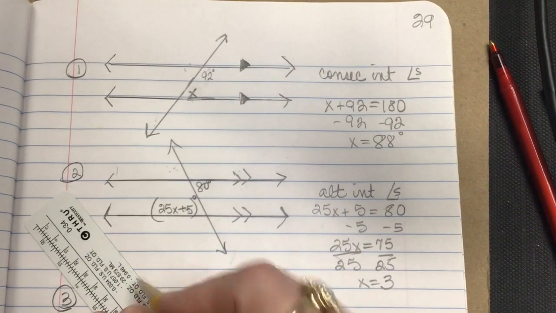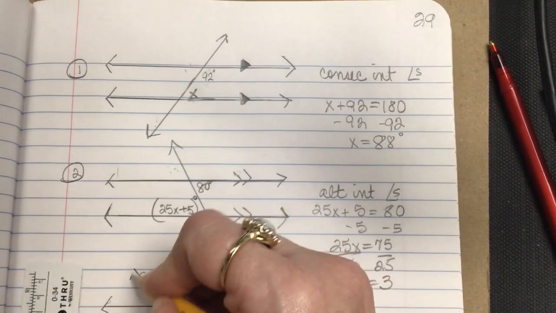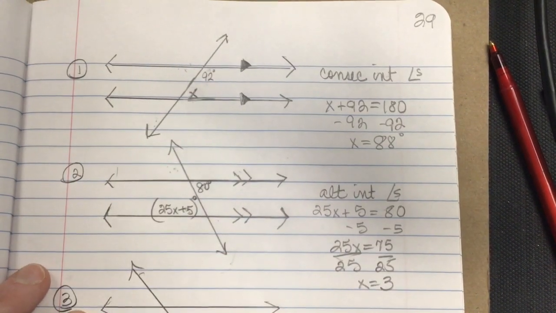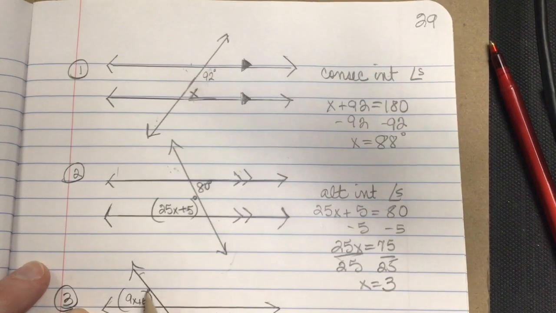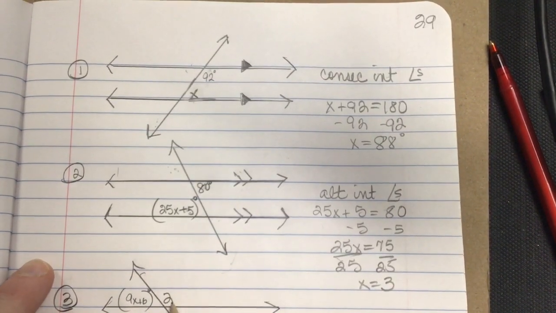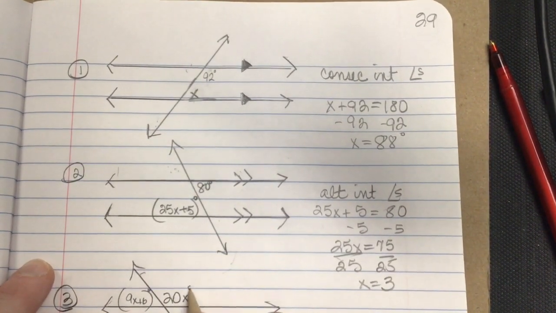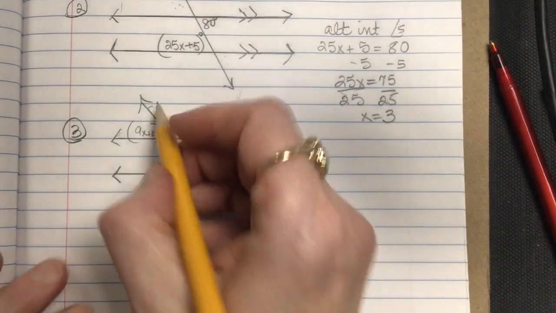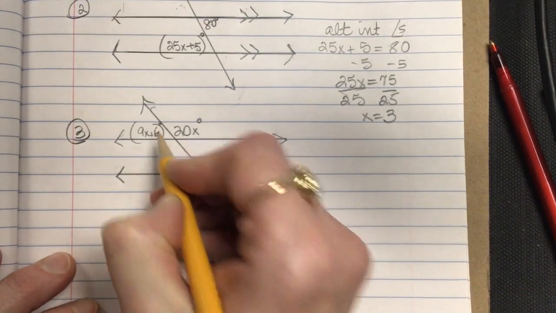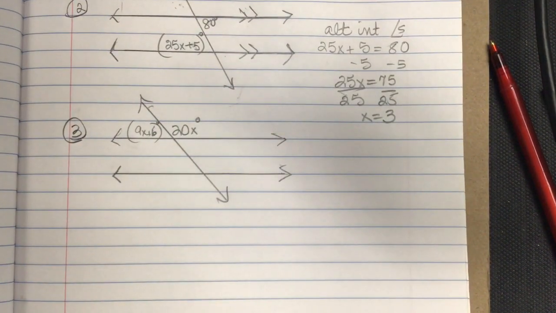Do this 2-line parallel again. And I'm going to draw my transversal like this. Okay, and I'll throw a little bit of a curveball at you. Not too bad. Okay, and they usually do it like that. Oh, I guess I need to get on camera, don't I? There you go. That's a 9x plus 6. Kind of hard to read there. What relationship are they?